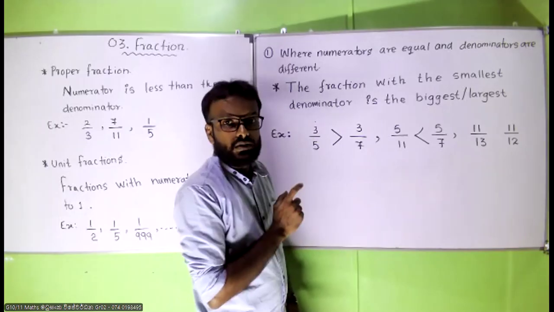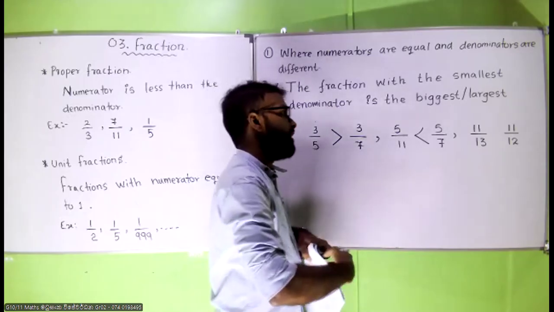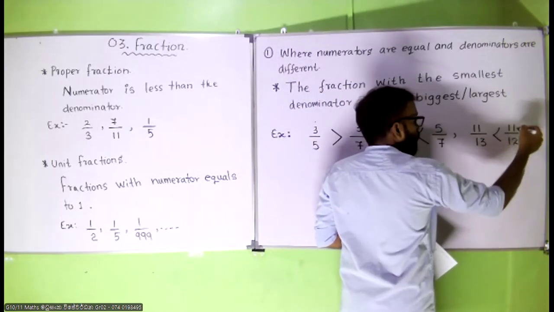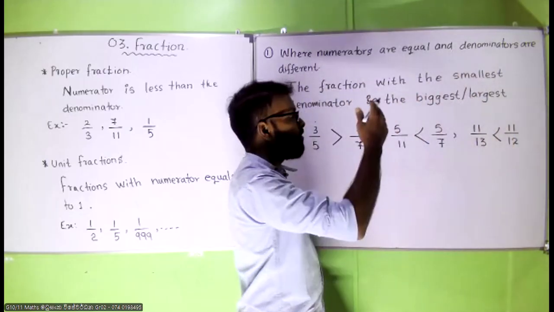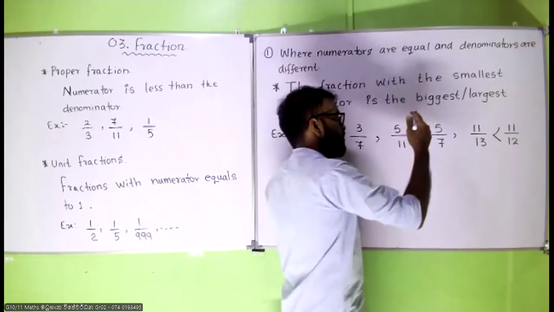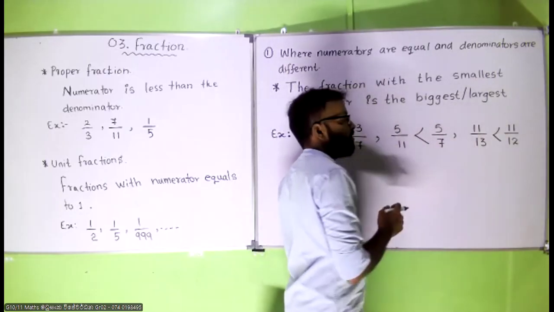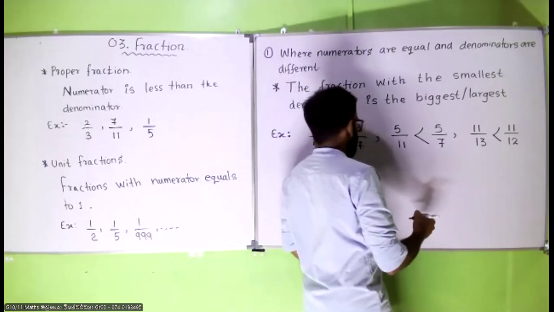The smallest is 12. So 11 upon 12 should be the biggest fraction. Open the inequality mark toward 11 upon 12. If you get this inequality and this inequality, your answers are correct.